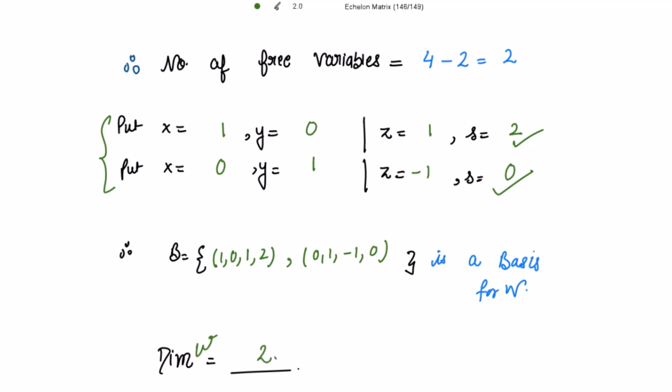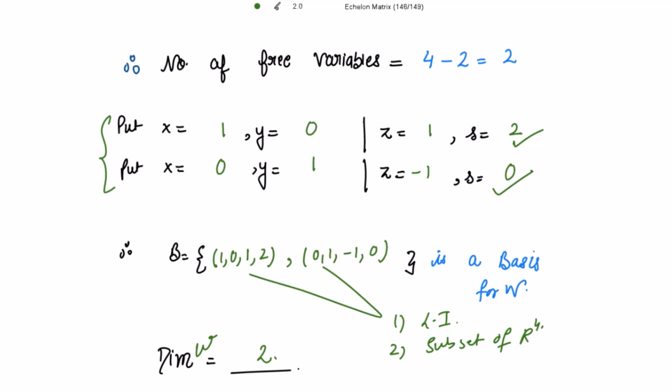Now we need to extend these bases. For that, we know that these two bases are linearly independent. And also these are the subset of the four-dimensional vector space. Now because these bases are linearly independent, also the subset of the four-dimensional vector space, so these bases can be extended to form the basis of R4, right?